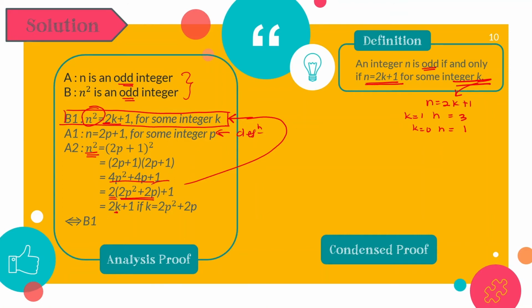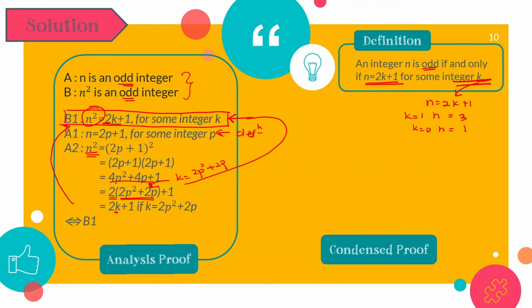If we substitute this into k, let k equal 2p square plus 2p. So we got 2k plus 1. This is basically the ending of the proof, because we get n square equal to 2k plus 1, same as b1. That's why here we write it is equivalent to b1. So this is basically your analysis proof.